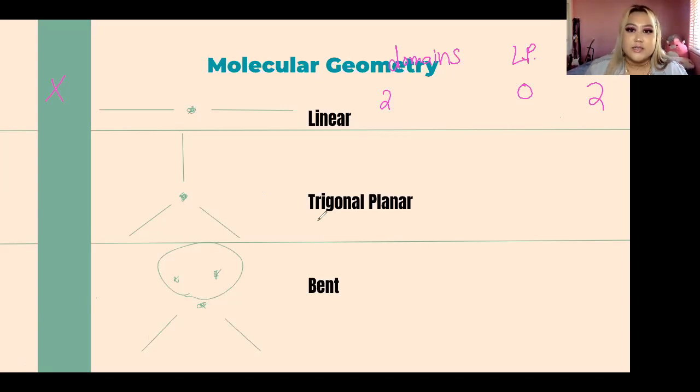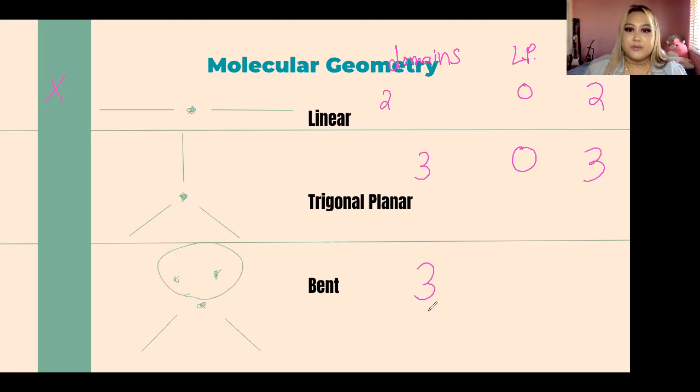So going on to trigonal planar, it can't be this because there's 3 domains, 0 lone pairs, and 3 bonded pairs, right? So what about bent? How many domains? 3. And there are two bents, so there's another one on the next slide, so don't worry.